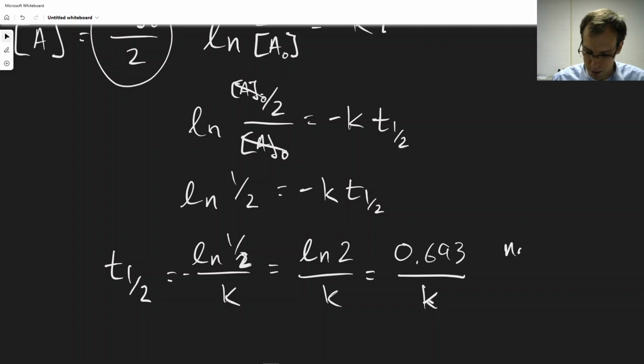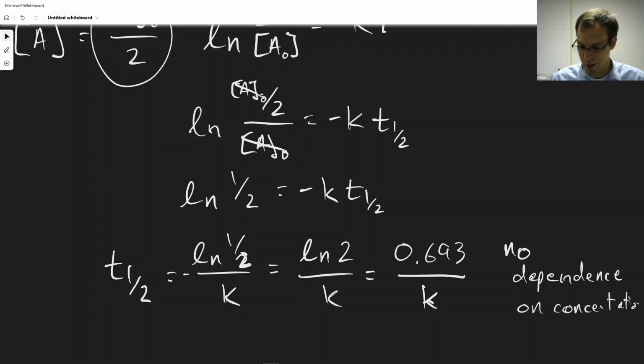So there's no dependence on concentration. I promise I'm writing all these words, they're just not all coming through. That's specific to first-order reactions, that you have no concentration dependence in terms of the half-life.